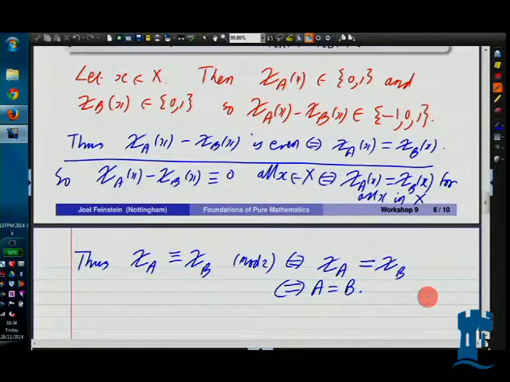Any questions about that proof? If not, then for the rest of the session, we're going to assume that it's enough to check whether characteristic functions are equal mod 2 in order to figure out whether they're the same set.